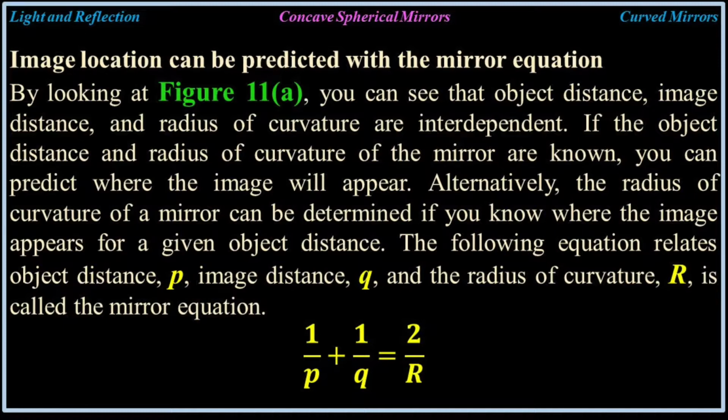Alternatively, the radius of curvature of a mirror can be determined if you know where the image appears for a given object distance. The following equation relates object distance, P, image distance, Q, and the radius of curvature, R, and is called the mirror equation: 1 over P plus 1 over Q equals 2 over R.